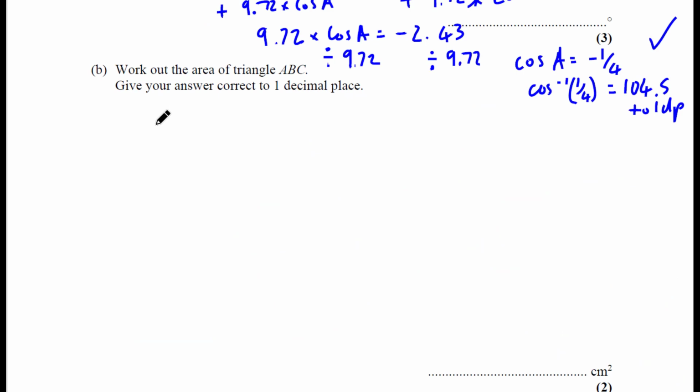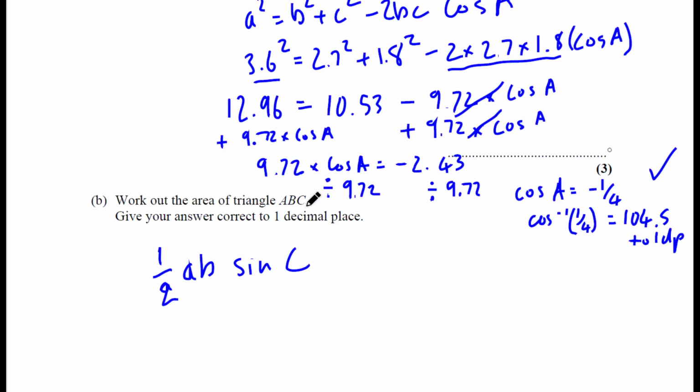Now the area of a triangle is half AB sine C in this case, but let's look at this triangle. We can just change that to a half BC sine A, and that will still work.